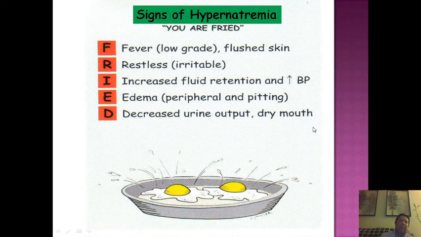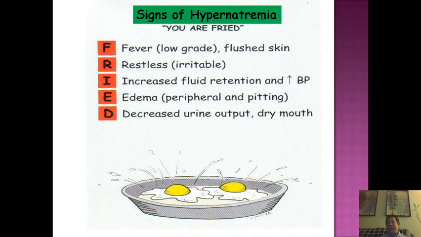So, what are some of the signs of hypernatremia? There's a lot of mnemonics that you can use, but I found this one. It says FRIED. First, the patient will experience fever, maybe low-grade fever, flushed skin. Why fever?